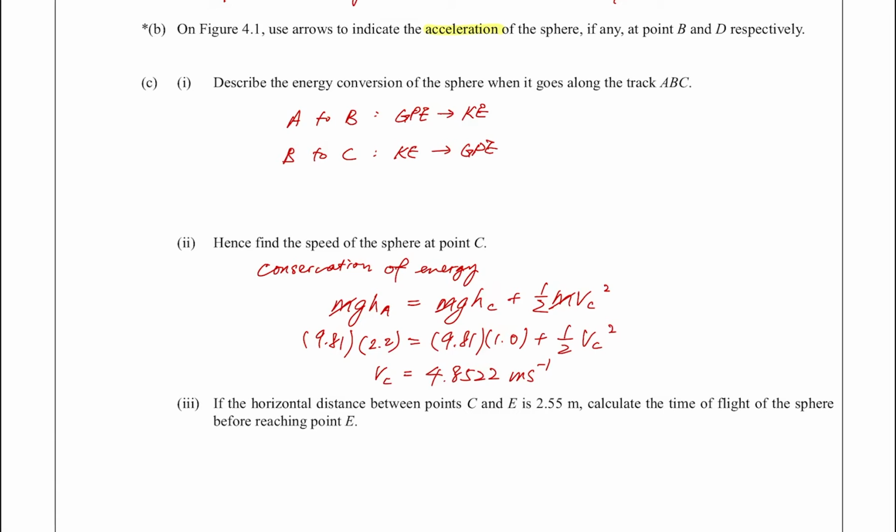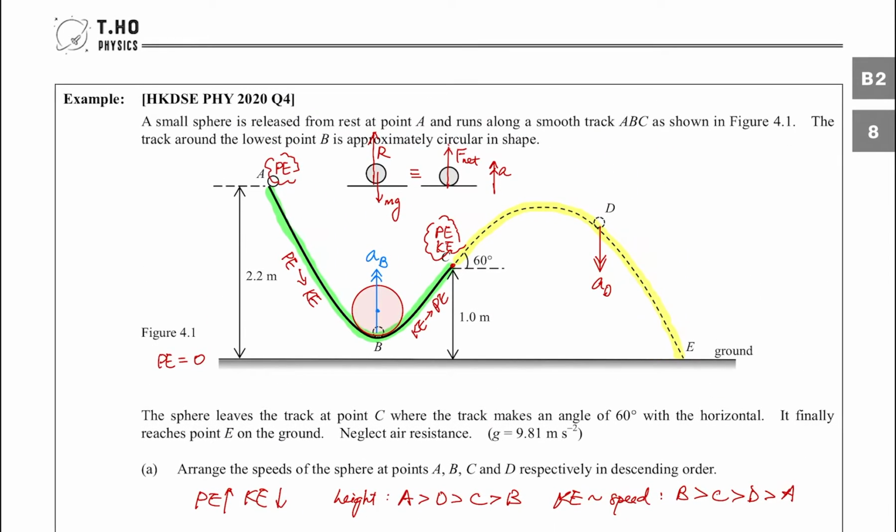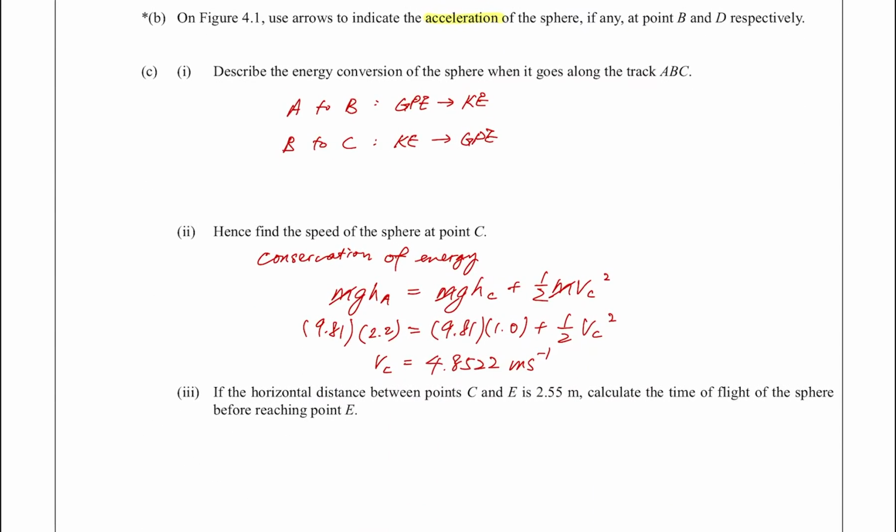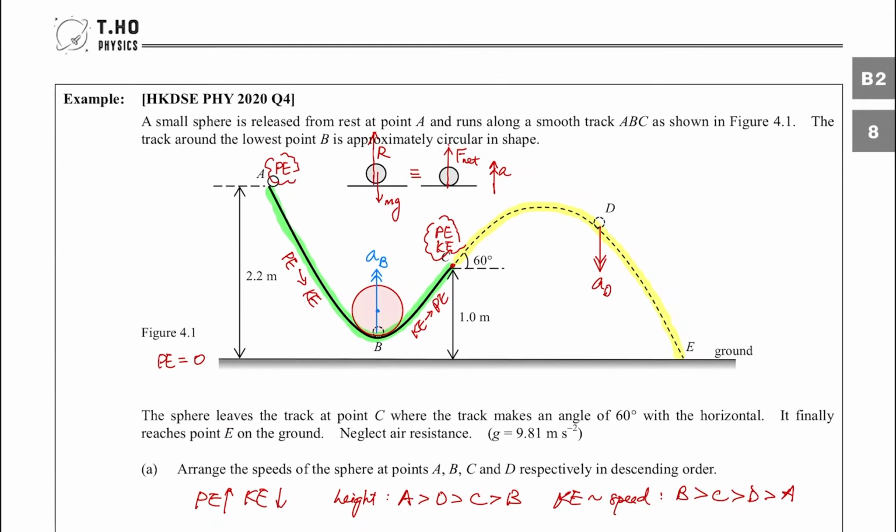Part 3. After the ball is released, we know that it follows a projectile motion from C to D to E. It is given that the horizontal distance between C and E is 2.55 meters.